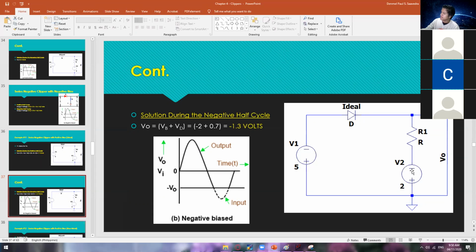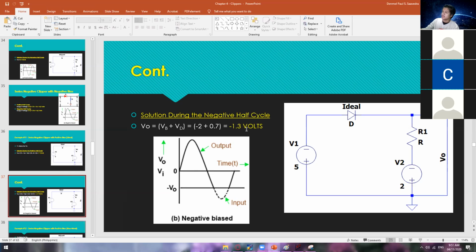But at the point that this one is on par with our bias voltage, for the first 2 volts, it will conduct a voltage because this will make the diode forward bias. Okay, so this is our first 2 volts, and the remaining -3, -4, and -5 will be completely 0.